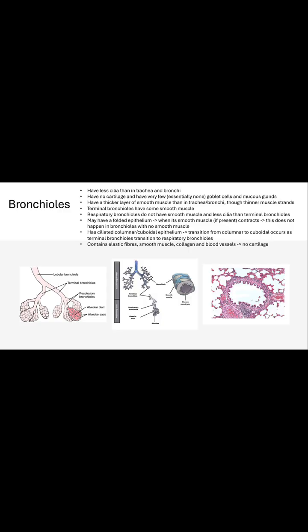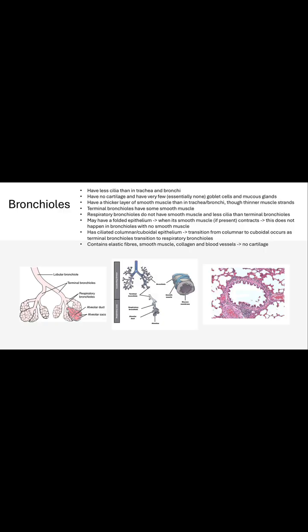They have a thicker layer of smooth muscle than in the trachea or the bronchi, but they have thinner muscle strands, and in general their walls are thinner than the trachea or the bronchi, since those do contain cartilage, and that is quite a thick layer.